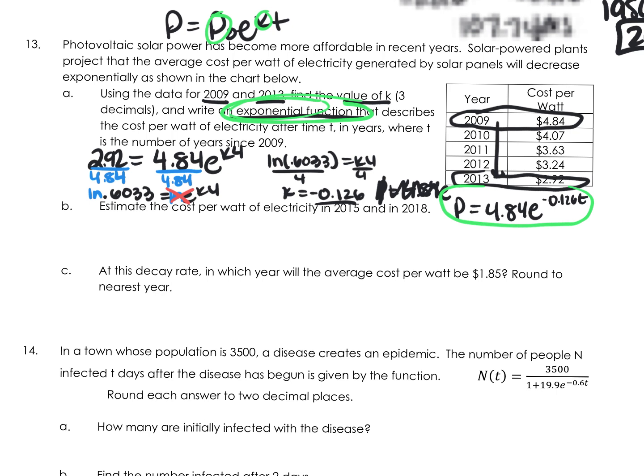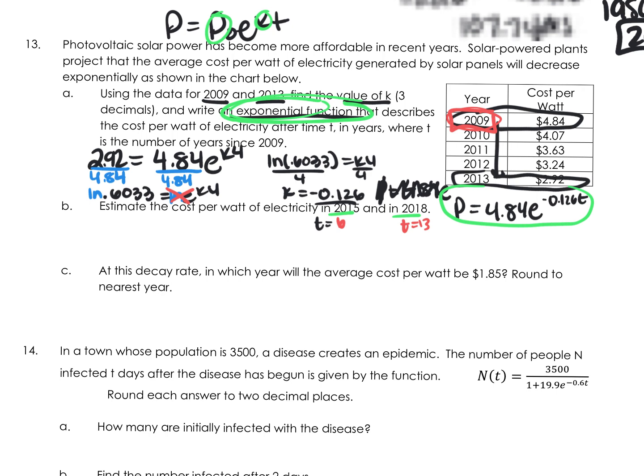So for problem B, we're going to estimate the cost per watt of electricity in 2015 and then in 2018. In 2015, we need to figure out what t is. We started in 2009, so 2009 to 2015 is 6 years, and 2009 to 2018 is going to be 13 years. So these are two separate problems.